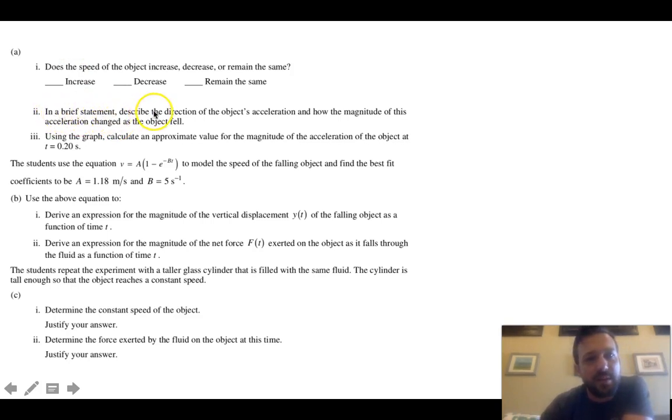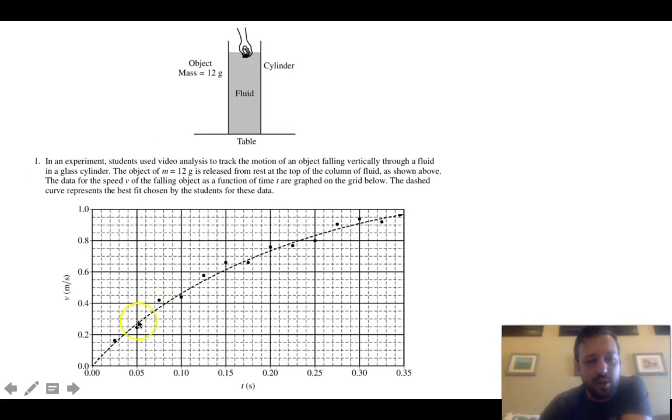In a brief statement, describe the direction of the object's acceleration and how the magnitude of the acceleration changed as the object fell. So how does the acceleration change? If this line was linear, we could say the acceleration remained the same because the velocity increases the same amount for every time interval. That would mean a constant acceleration.